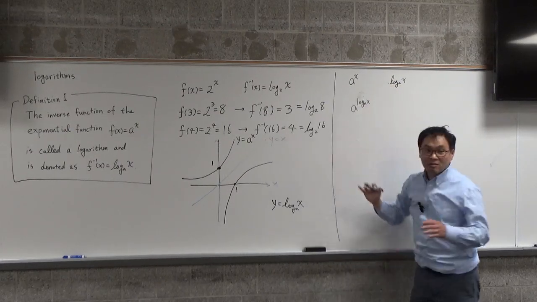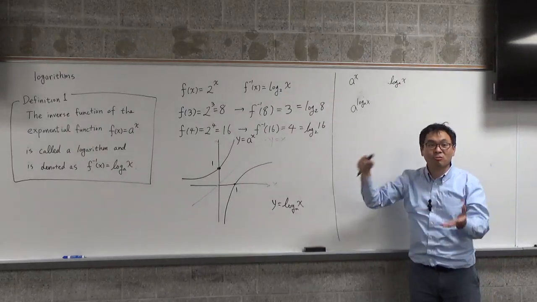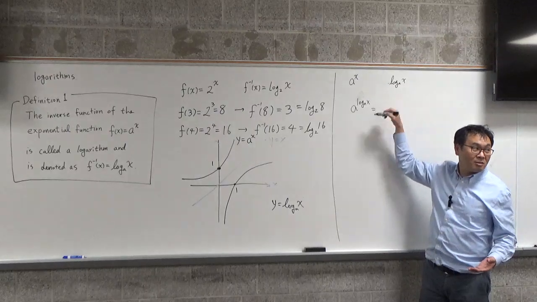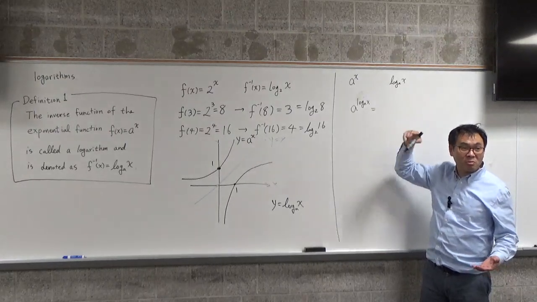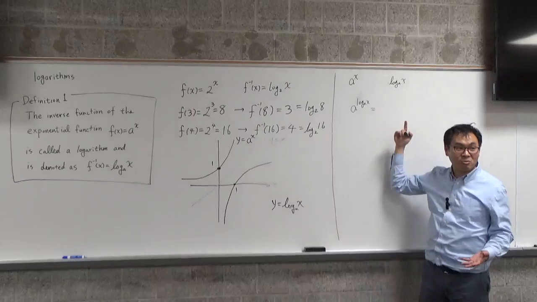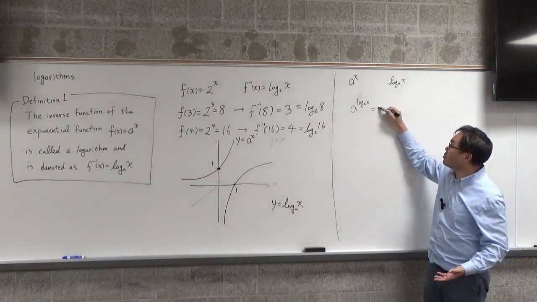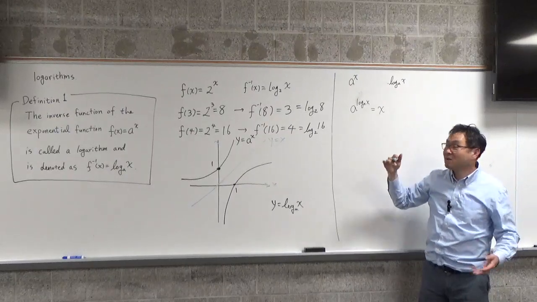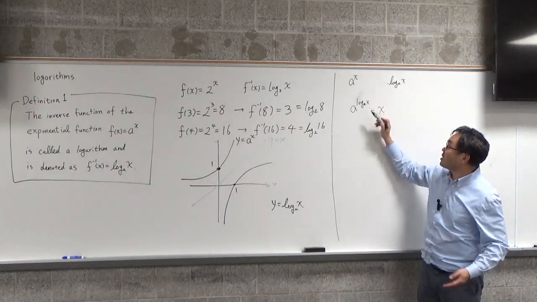Then what I've done is plug the inverse function into the original function. What happens if you plug in the inverse function and the original function? You get your original x. You get what you started with, because the original function and the inverse function cancel each other.